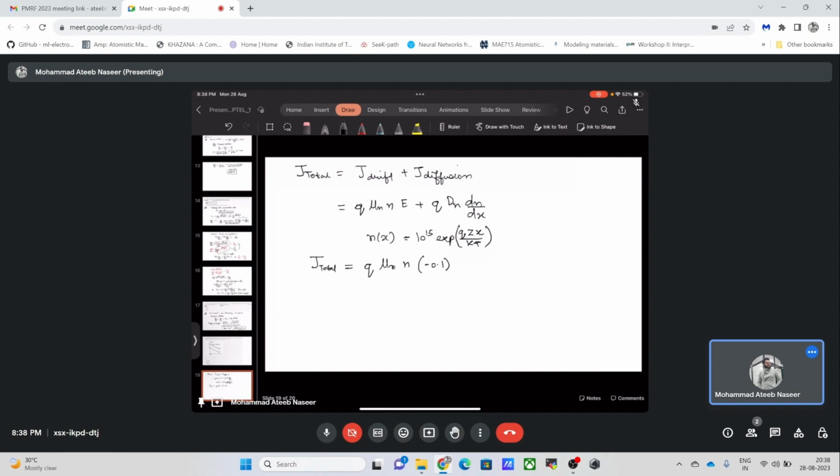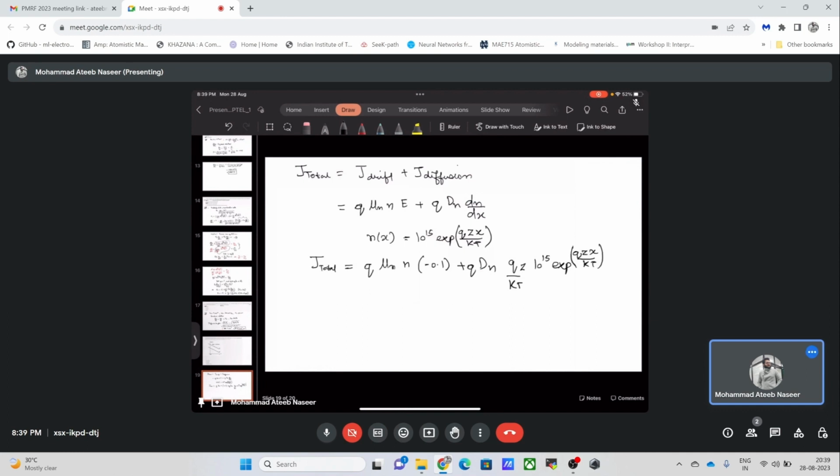So q times dn by dx would simply mean this expression is q by kT times z into 10 to the power of 15 exponential of qzx by kT.